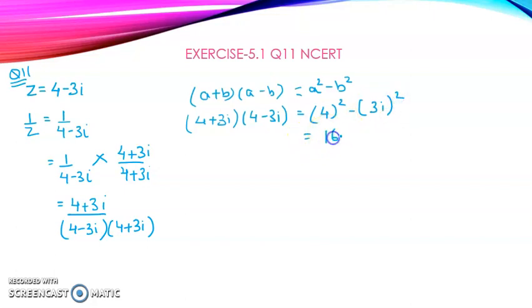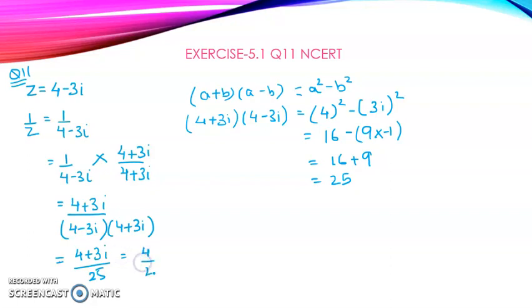So this will give me 4 square is 16 minus 3 square 9, i square is minus 1. So this will be 16 plus 9, which is equal to 25. So I will write this value here, which is equal to 4 plus 3i upon 25. I can rewrite this as 4 upon 25 plus 3 upon 25i. Are you following, students? So 4 upon 25 plus 3 upon 25i is the multiplicative inverse of this complex number.